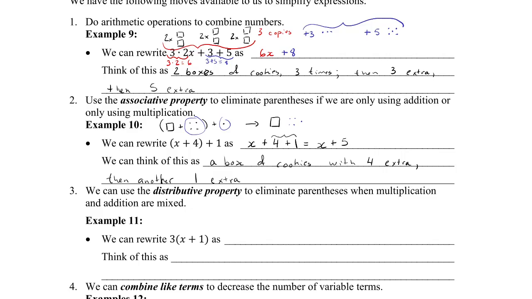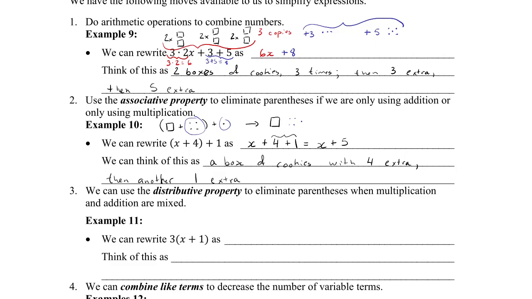And the biggest reason I mention the associative property here, which is pretty intuitive, is to help us distinguish it from this next property, which some people find a little bit less intuitive. This next property is called the distributive property. The usual rule is, if we have addition and multiplication, we have to do the multiplication first. If we want to break the usual rules, we use parentheses around whatever operation we want to do first.